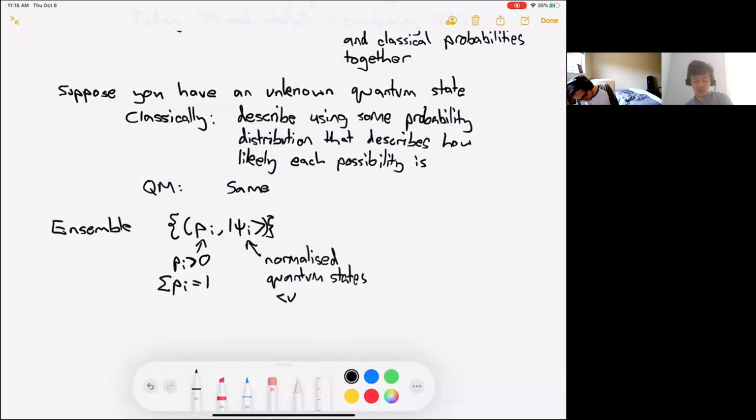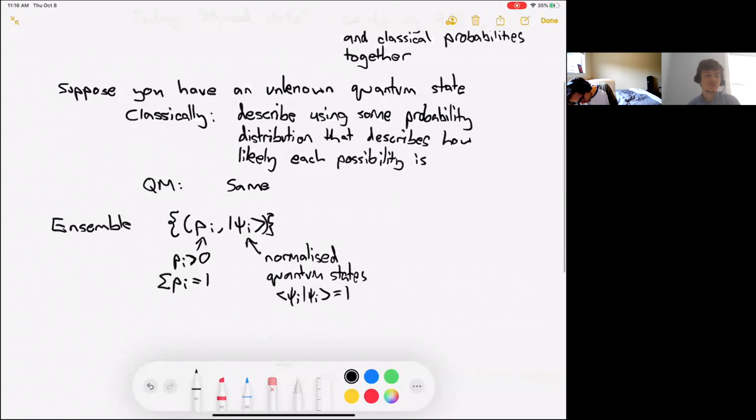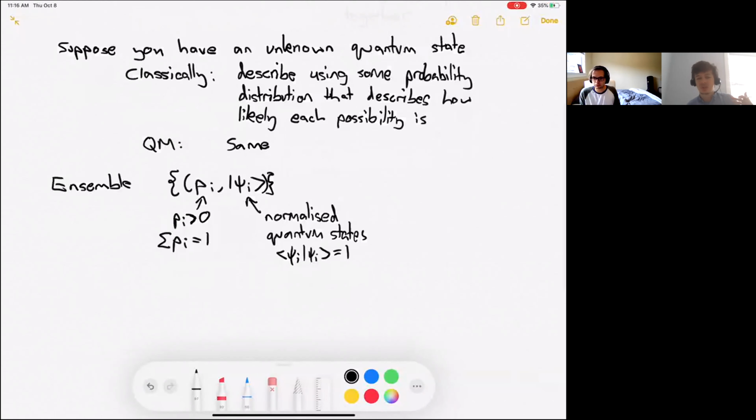So in particular, the inner product of psi_i with itself is equal to 1. I'm not going to assume that they're orthogonal quantum states. We could have, say, a 50% chance of being the 0 state, 50% chance of being the plus state, whatever we like. And this ensemble of states we would call a mixed state.